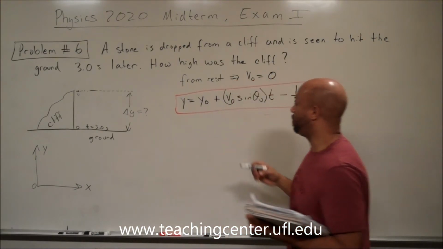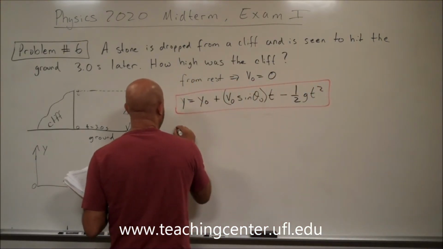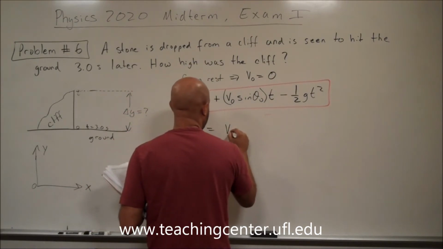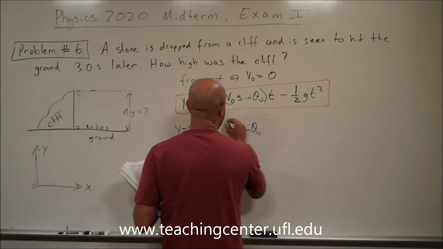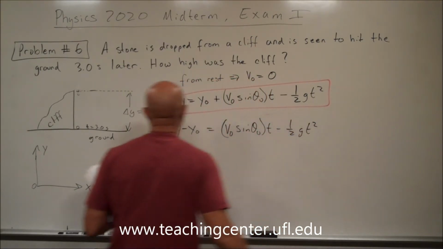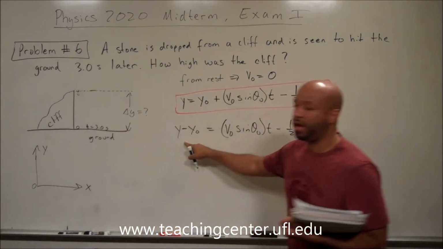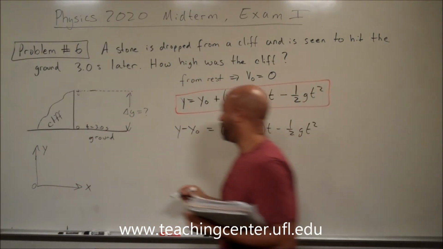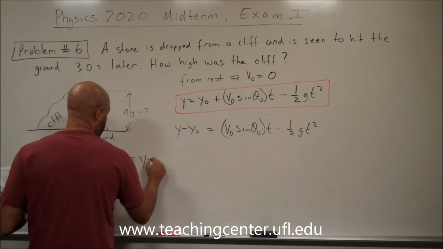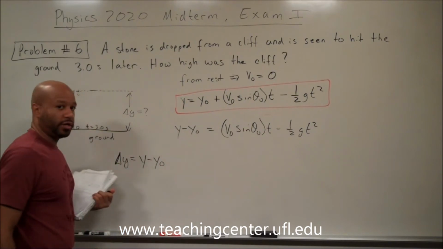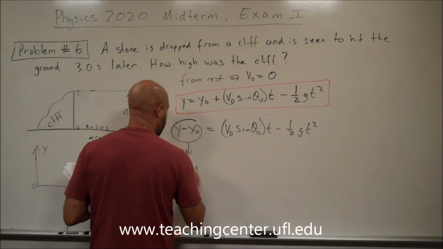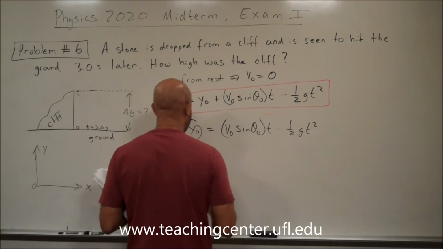If we rearrange this equation and bring the initial y to the left side, you see we'll have your final y minus your initial y, and we recognize that as delta y, because delta y is y minus y initial. So this can be replaced with just delta y, and everything else stays the same.